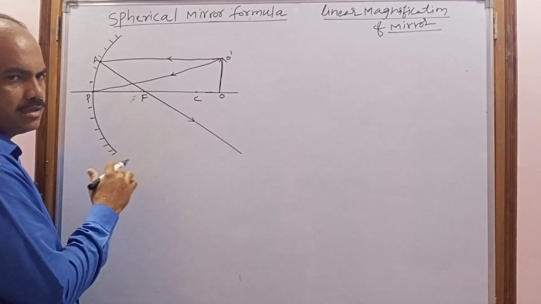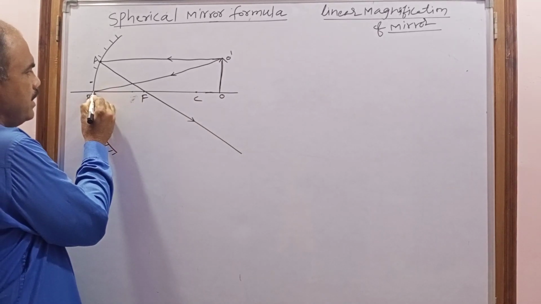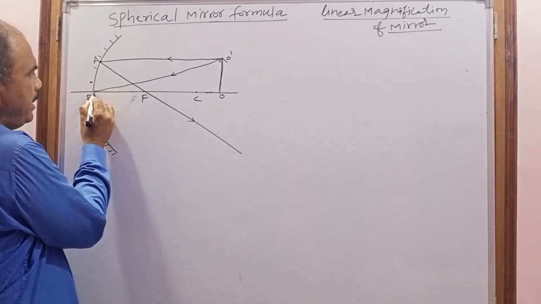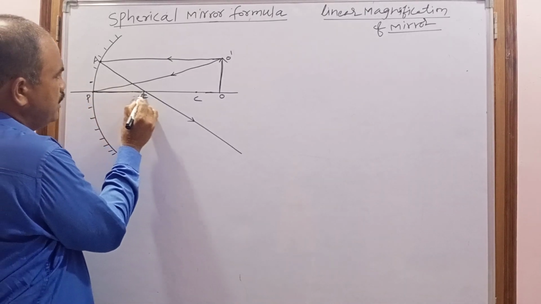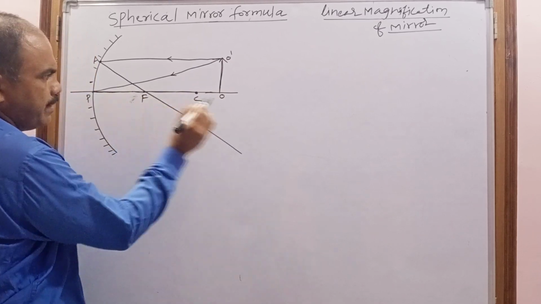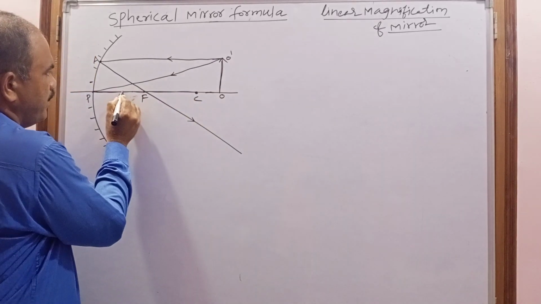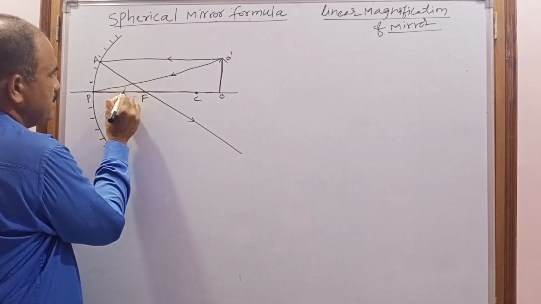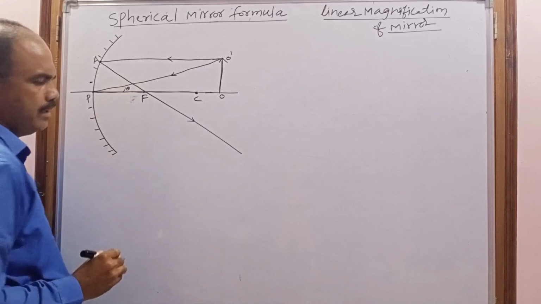But the normal is already drawn here, because we are incident at the pole. So this pole becomes the point of incidence. The line joining the point of incidence and the center of curvature is known as the normal. So now the principal axis becomes the normal. The angle between the normal and the incident ray, let it be theta, is the angle of incidence.